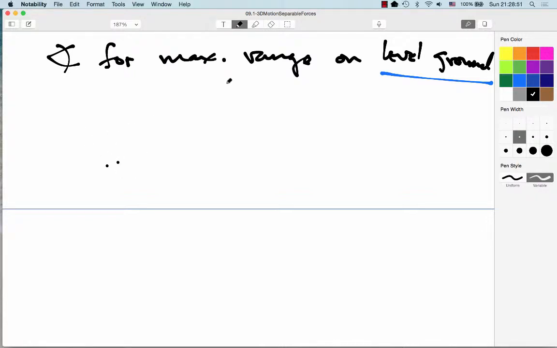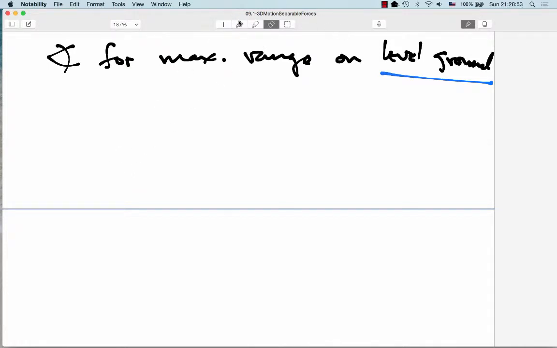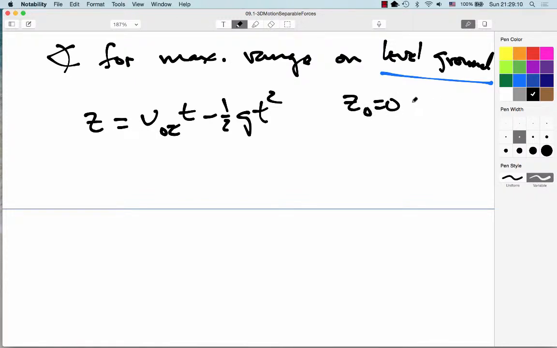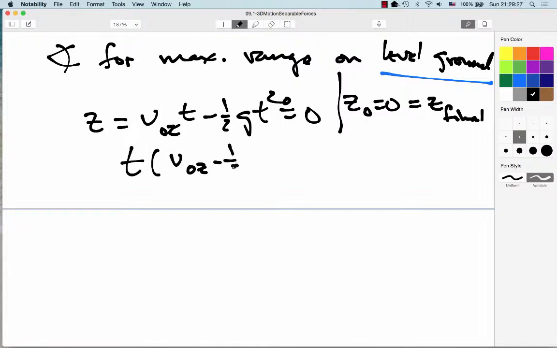So we can go ahead and say what we got from before, that z was equal to v naught z t minus 1/2 g t squared. Now, since we're on level ground, z naught is equal to 0, but that's also going to equal our z final. So we can set that equal to 0. So we can factor, we can get t times v naught z minus 1/2 g t equals 0.